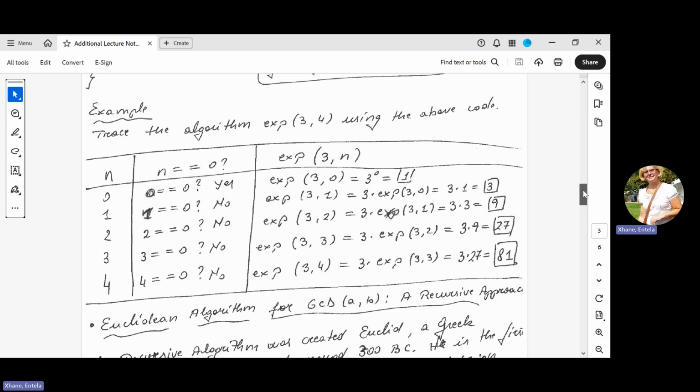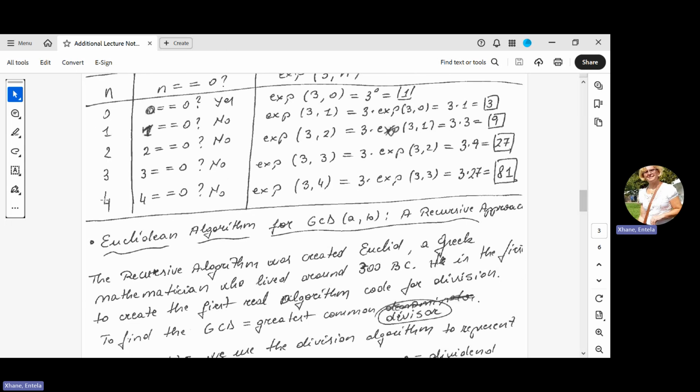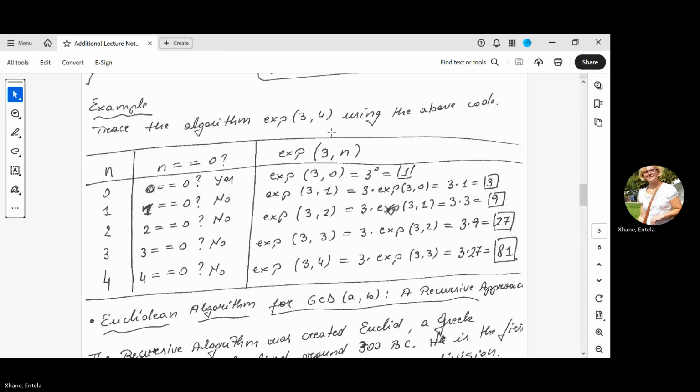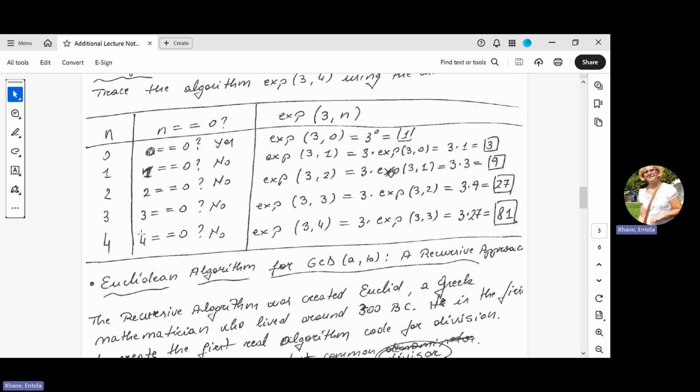Following in a very similar way, we can look at the largest exponent for this example. Remember, we are tracing the algorithm of 3 to the power 4, which is exponential of base 3 and exponent 4. We know that n is 4, that's the exponent. 4 is not 0, so the answer is no. Therefore, exponential of base 3 and exponent 4 is going to be 3 times the previous term, which is the exponential of base 3, exponent 3.